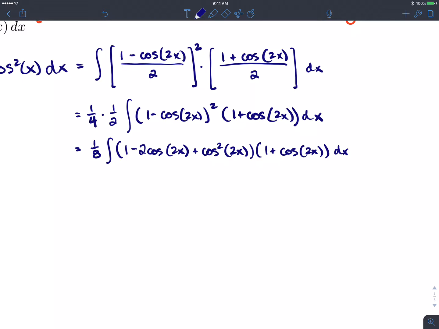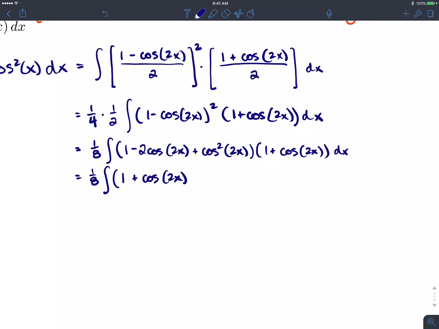And if we then multiply all these terms out, so if we distribute each of these together, we distribute the 1 first: 1 times 1, which is 1, 1 times cosine 2x, which is plus cosine 2x.